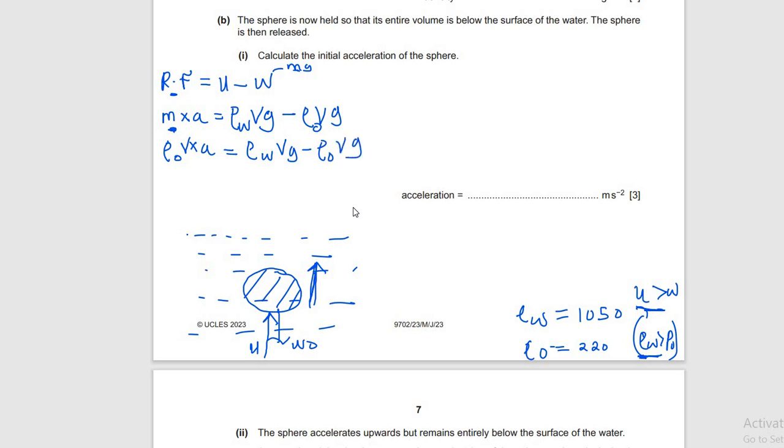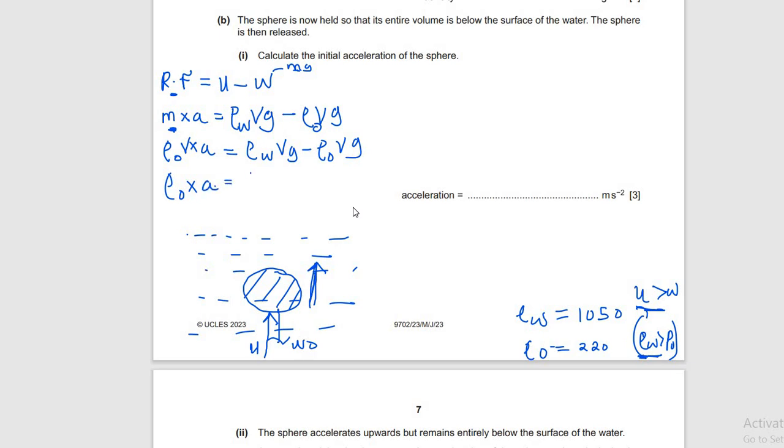In this case, volume is common, so divide through by volume. So what do you have when you divide? We have density of the object multiplied by acceleration. Volume has cancelled.